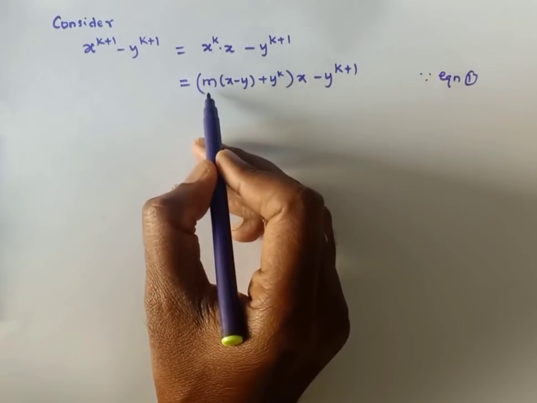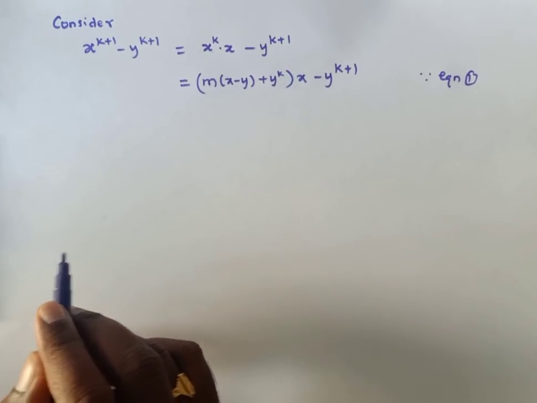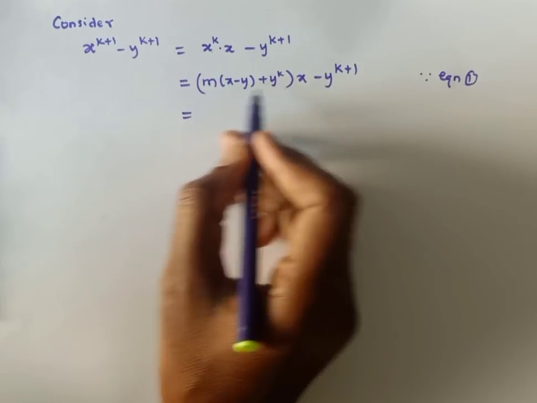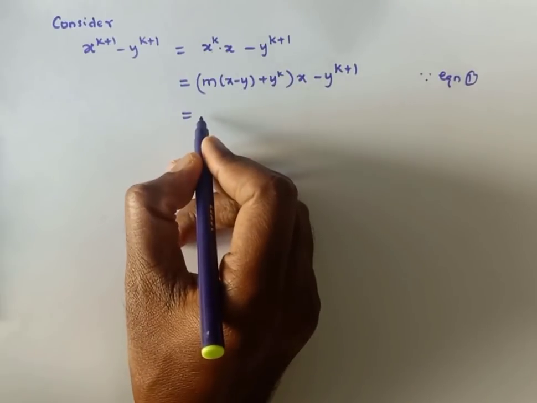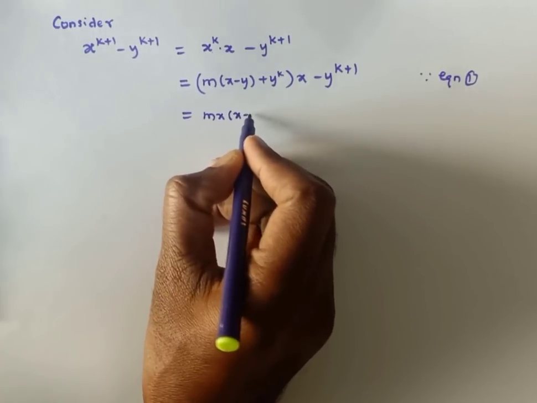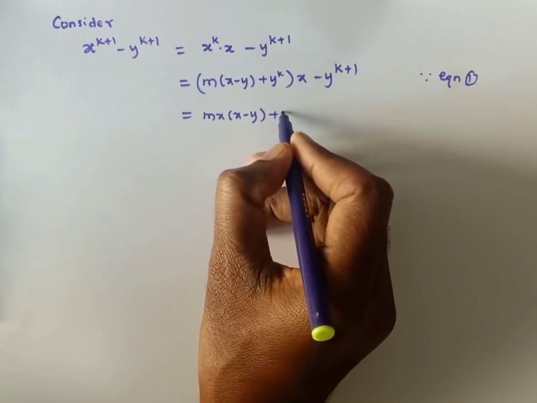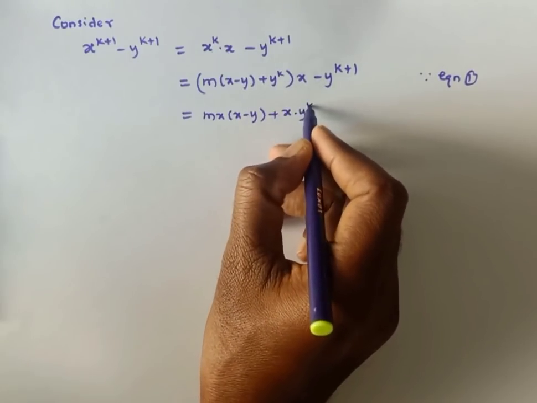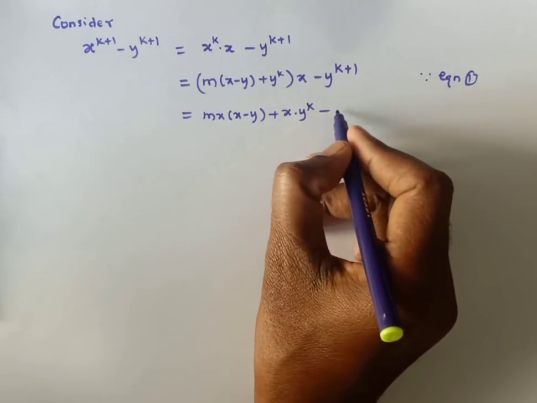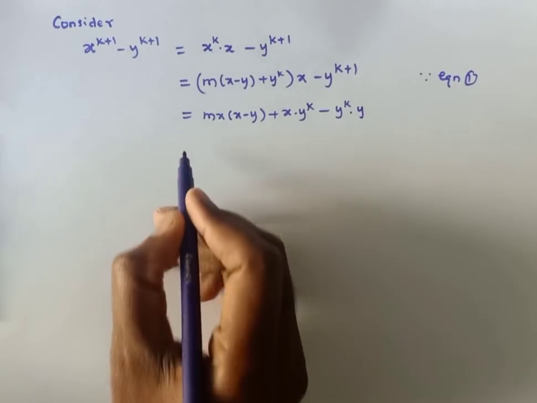So x power k can be written as m times x minus y plus y to the power of k, into x. Now multiply with x for all the terms, so it is mx into x minus y plus y to the power of k into x, minus y to the power of k plus 1, which can be written as y to the power of k into y.